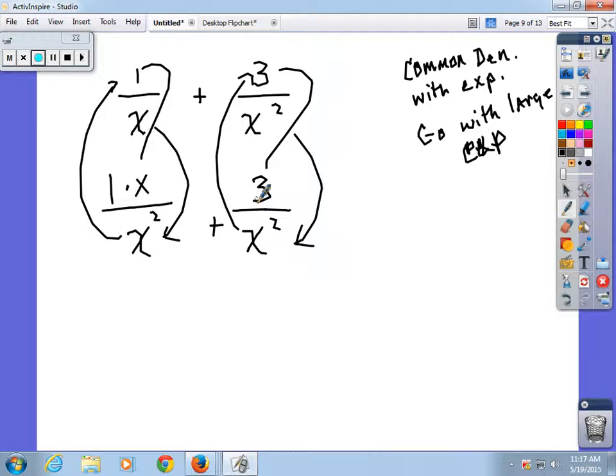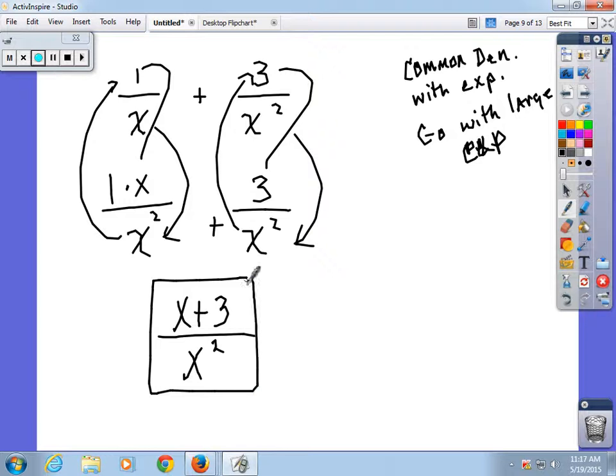So now your answer is x plus 3 over x squared. So this is still pre-algebra.